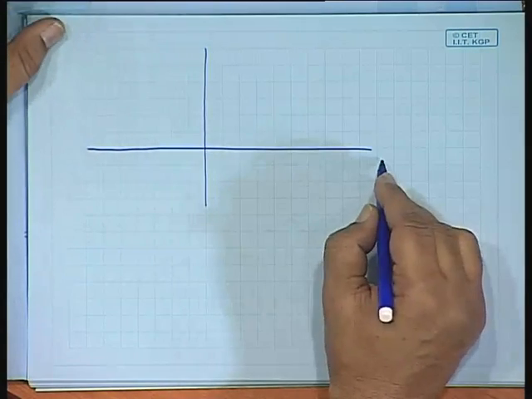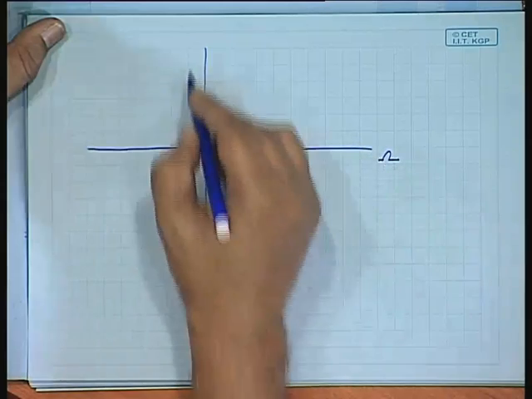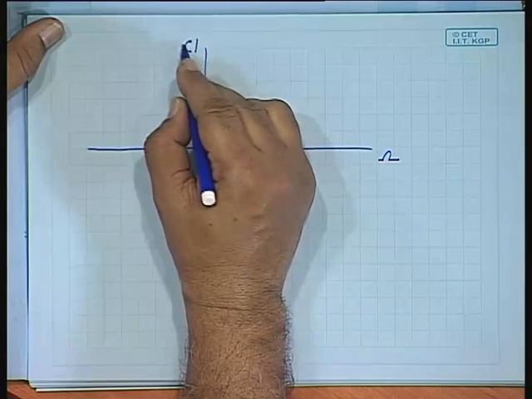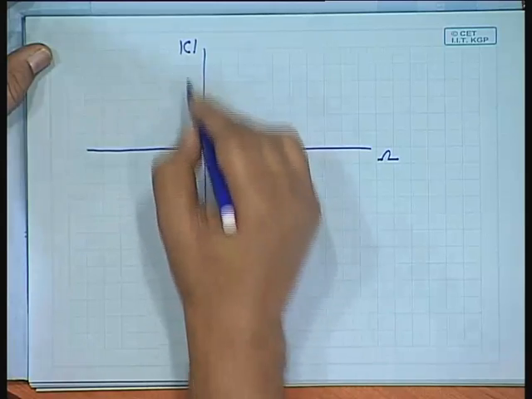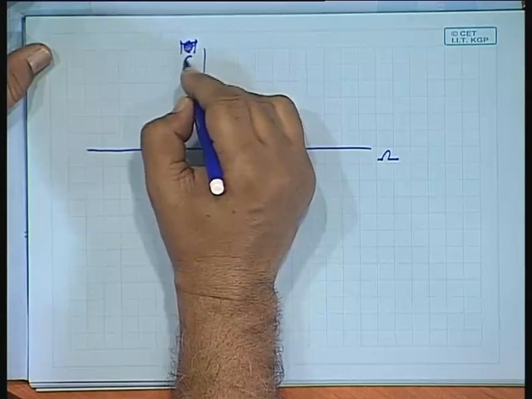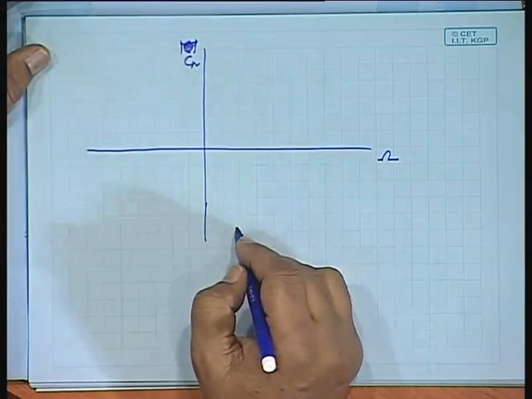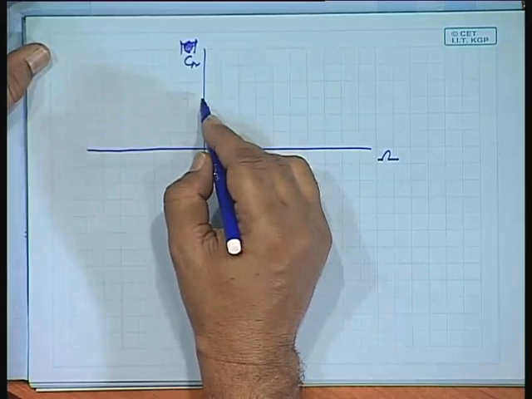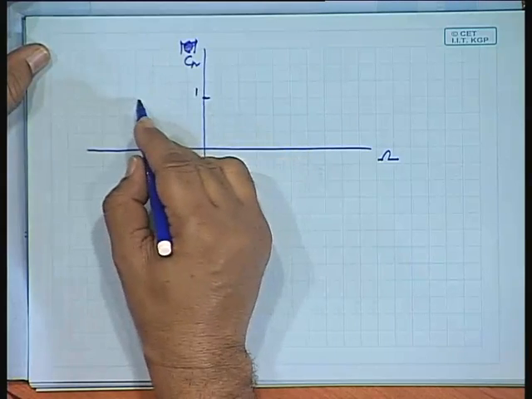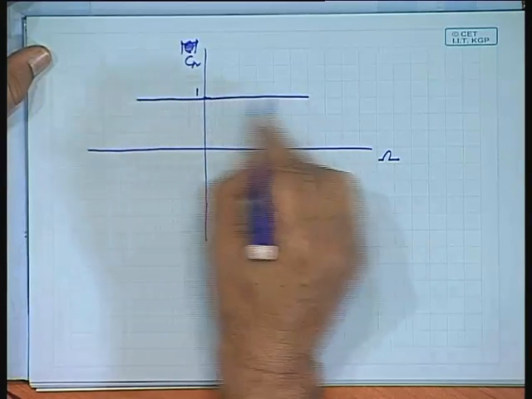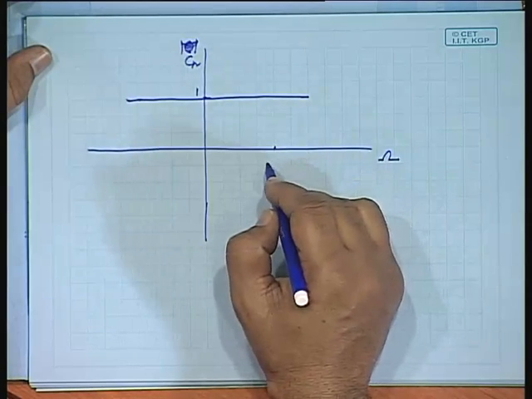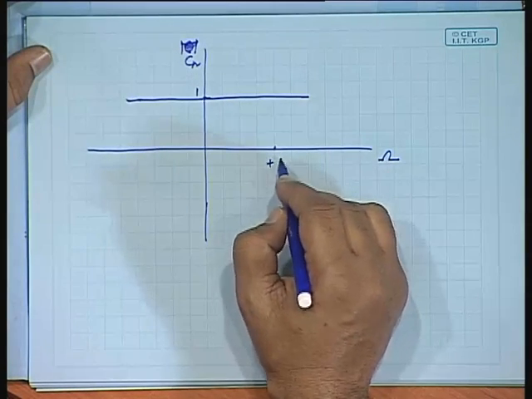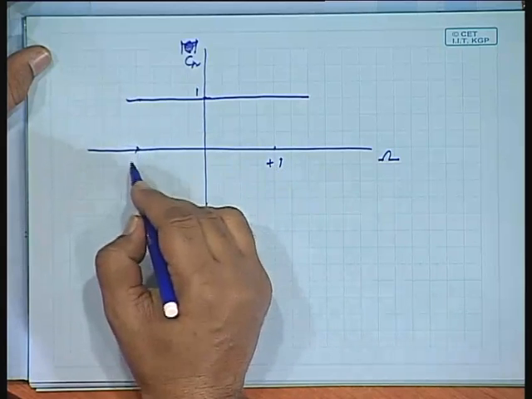Suppose this is omega and this is C magnitude, I will just write Cn. What is C0? 1. So, let this be 1. So, this is C0 up to plus 1 and minus 1.